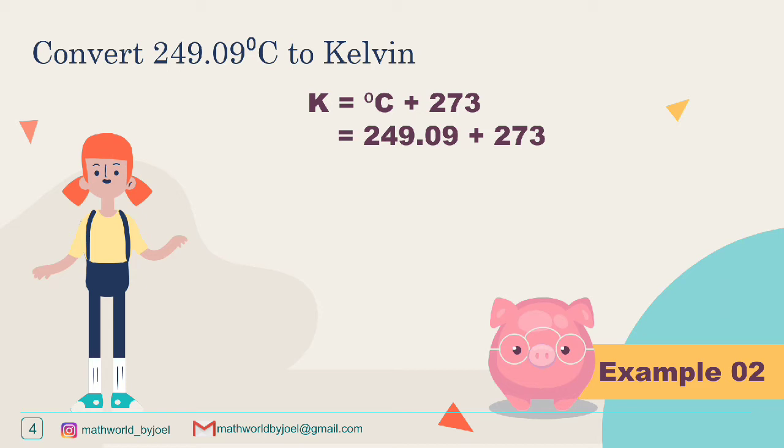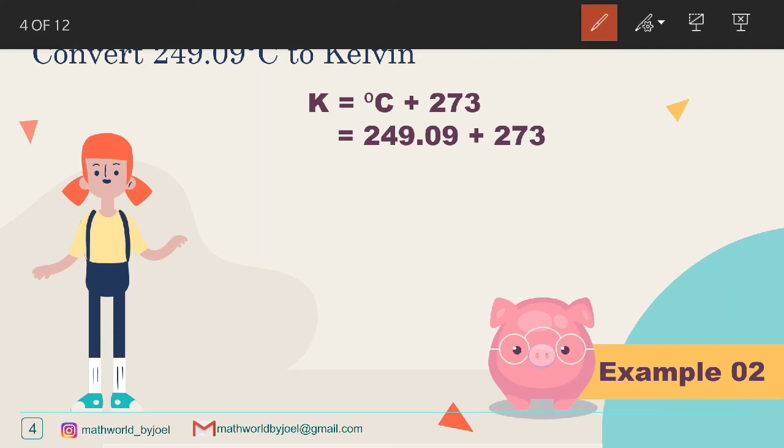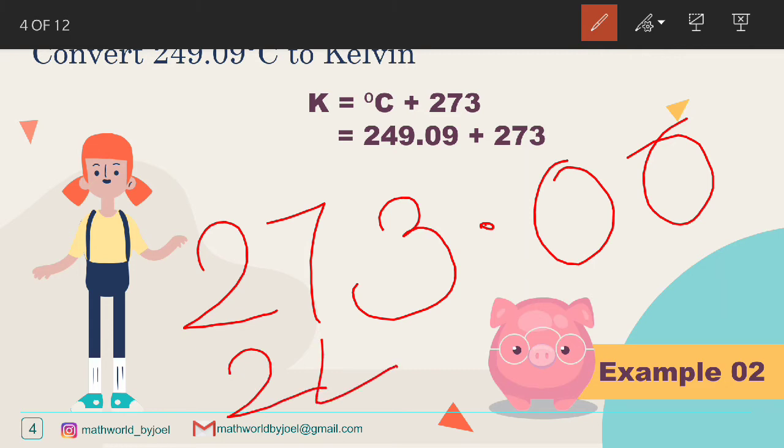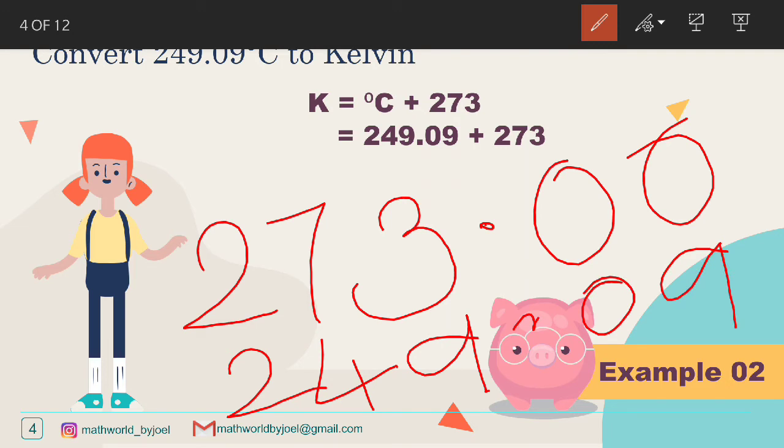That will be added after the decimal point. Let me just show it to you. So it is 273 point 00, and I will add 249.09 over here. So write them like this.